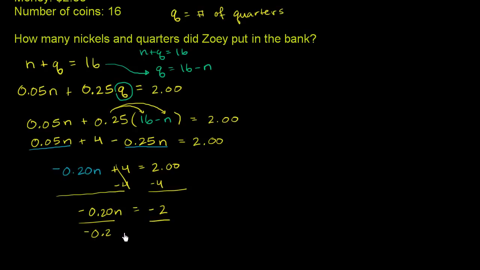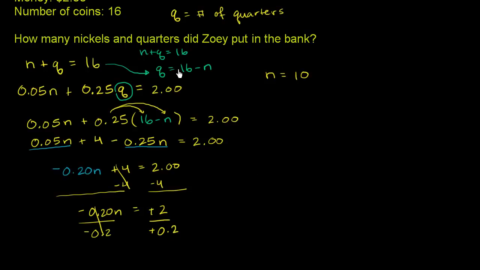We're not going to go too deep into the significant digits; we're assuming that we have infinite precision on everything. So negative 2 divided by negative 0.2. The negatives cancel out, and 2 divided by 0.2 is just going to be 10. n is equal to 10.